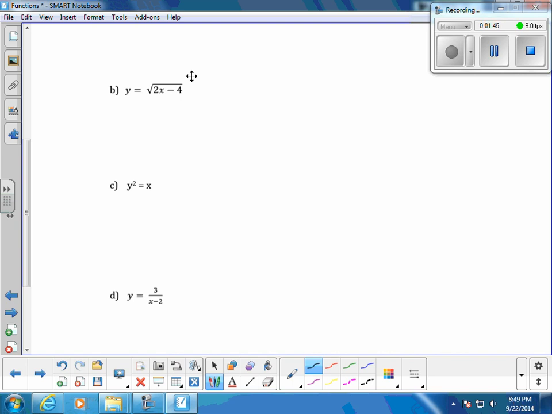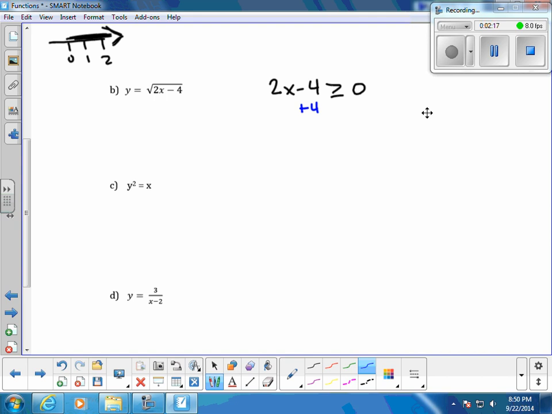Since this is a radical, we know that the square root portion, the radicand, has to be greater than or equal to 0 because it cannot be a negative number. And all we're saying is that this radicand has to be positive, and that's all we're doing.